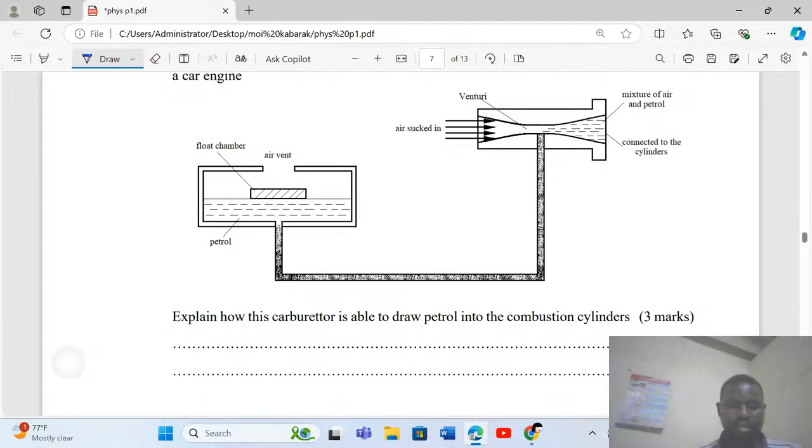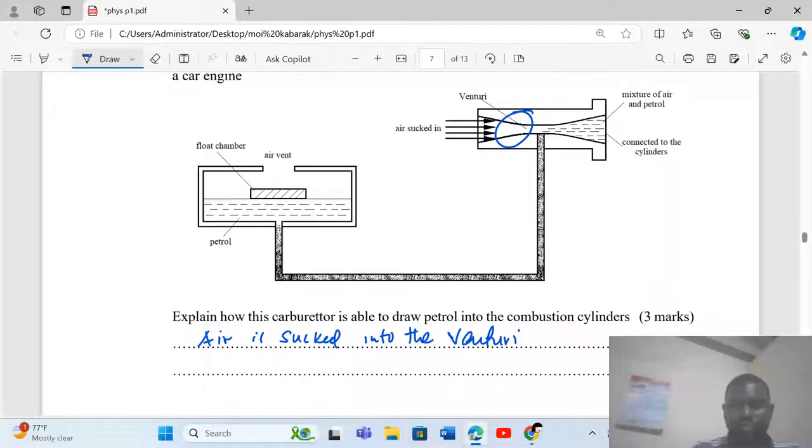Therefore, air is sucked in the venturi, these parts, due to action of the engine piston.